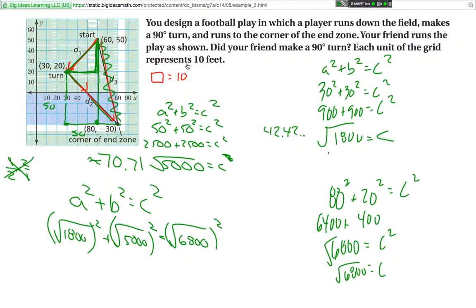So then all we're left with is 1,800 plus 5,000. Is that equal to 6,800? Yes. So what can we say as the answer to the question? Did our friend make a 90-degree turn? Yes. So all that to say, yes, he made a 90-degree turn. But how do you know that? Very sharp. Here, let me pause the video and then explain.